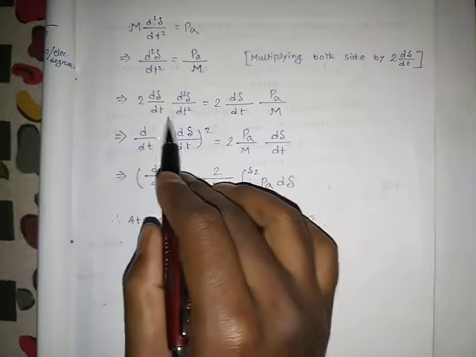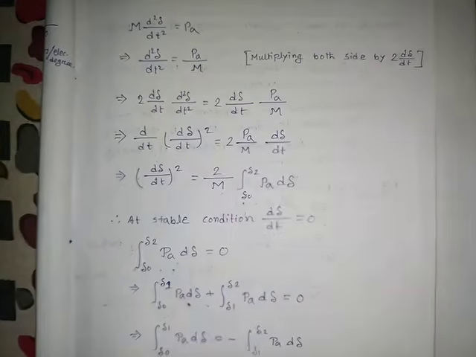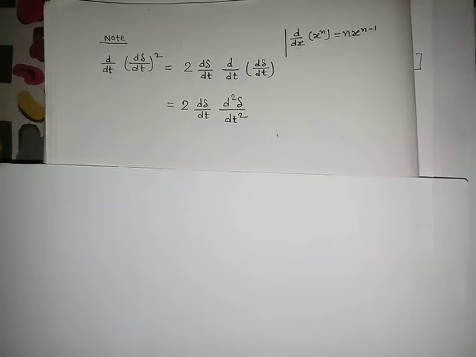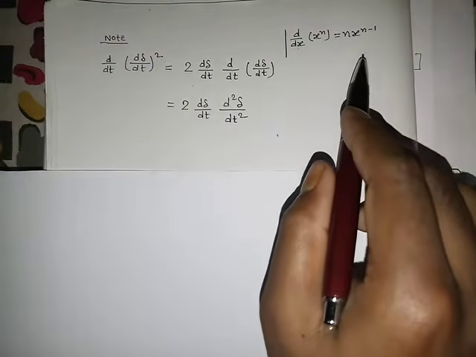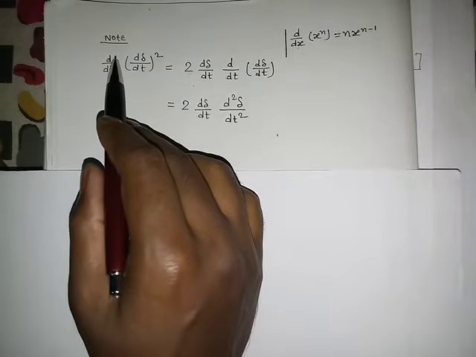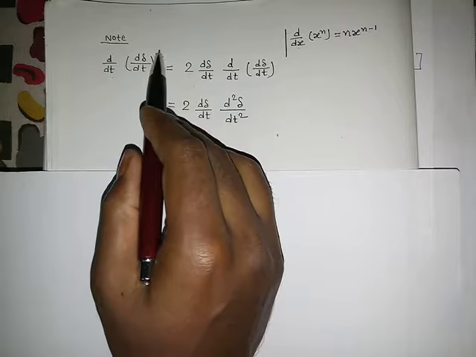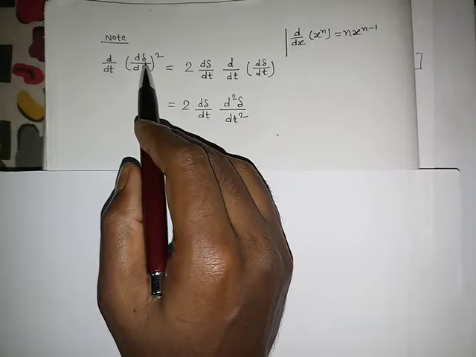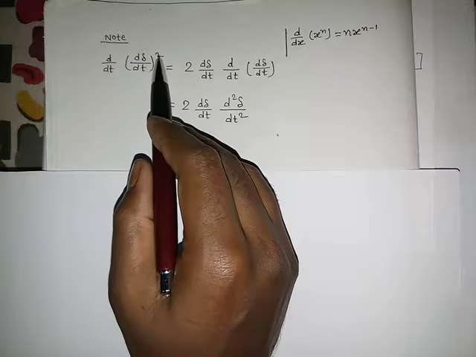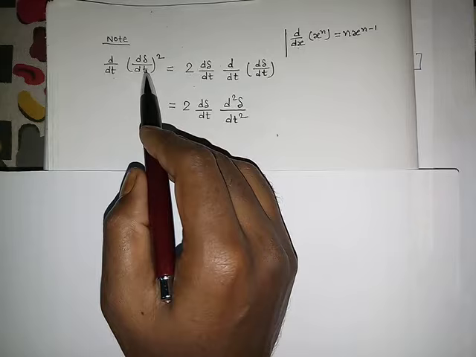Now coming to this step, how will this step come? See the formula: d by dx of x to the power n is n x to the power n minus 1. So we are taking d by dt of (d del by dt) whole square. It is n x to the power n minus 1, but this term is not a single term, because there are two operations: one is its power operation and another is its own operation.